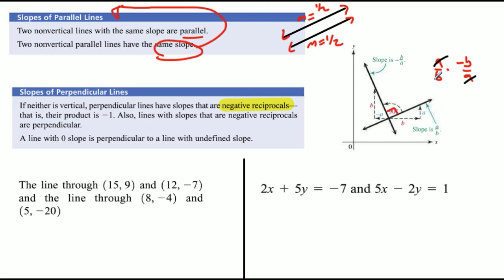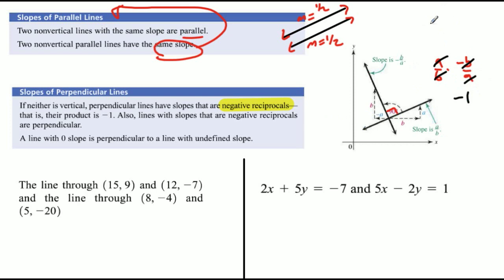The a's cancel, the b's cancel, and we're left with just -1, which is why it says perpendicular lines have slopes that are negative reciprocals, and that is their product is -1. See that right there? So if you multiply the slopes of two perpendicular lines, then you'll get -1. And they have negative reciprocals.